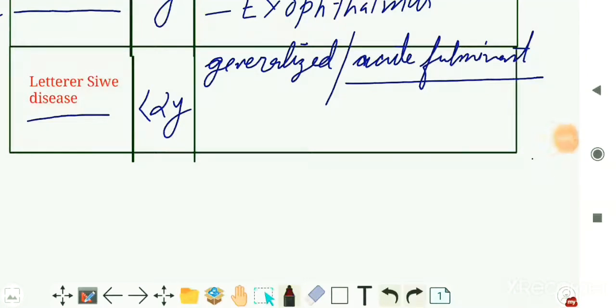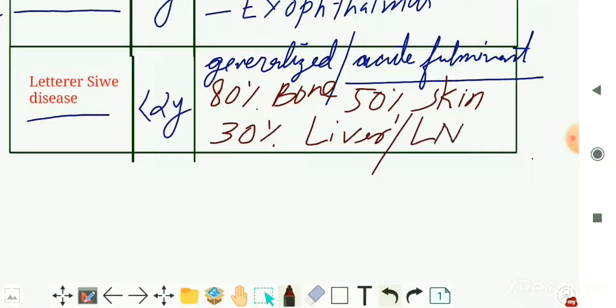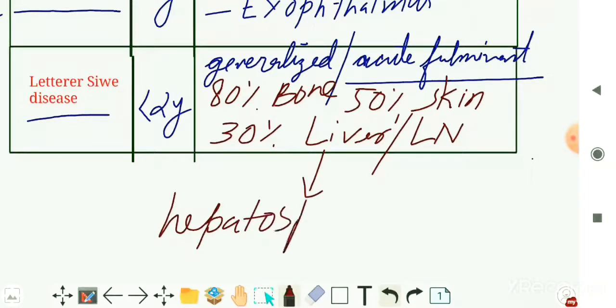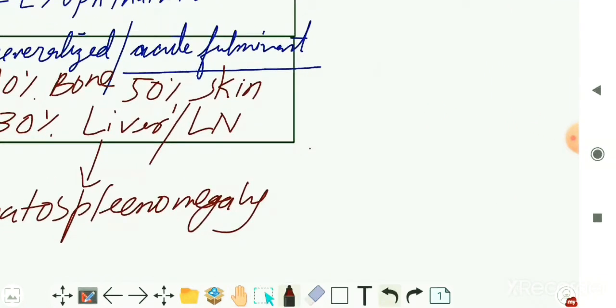In this condition, 80% bones are affected and 50% skin is affected and 30% liver and lymph nodes are affected. In liver, Letterer-Siwe disease leads to hepatosplenomegaly. And in lymph nodes, it leads to lymphadenopathy.